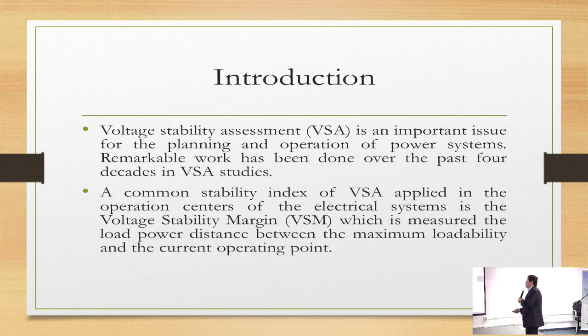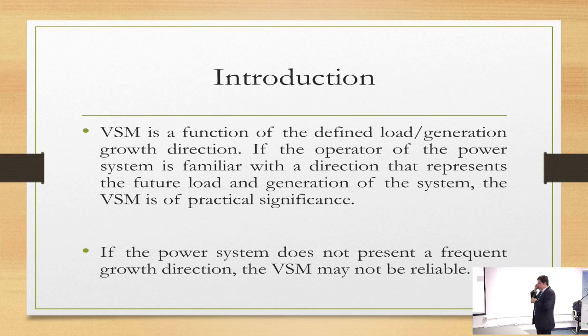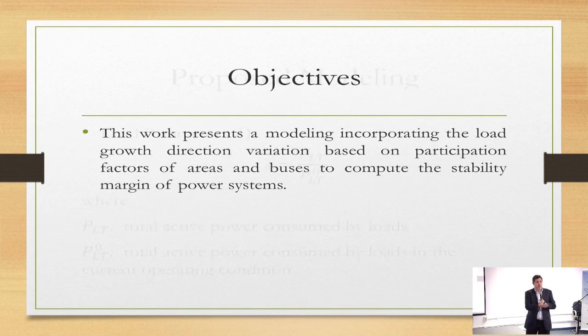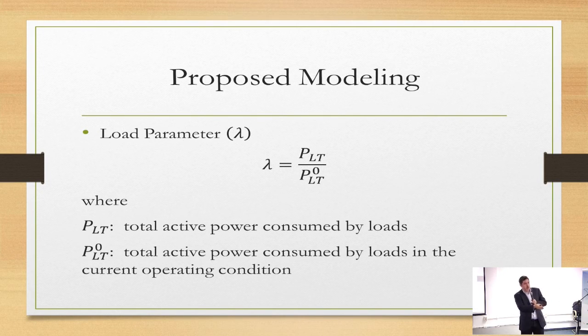Well, we start with the load parameter, which is to compute the PV curve, as Glauco has shown us at the beginning of his presentation. We have the load parameter, and it can be the varying parameter for the calculation of the PV curve.